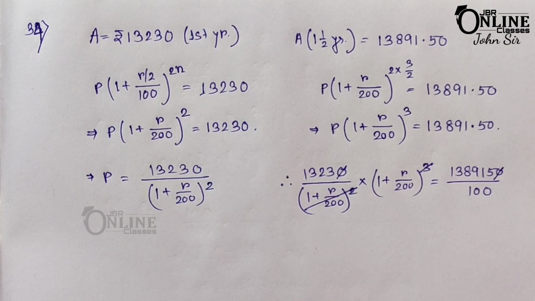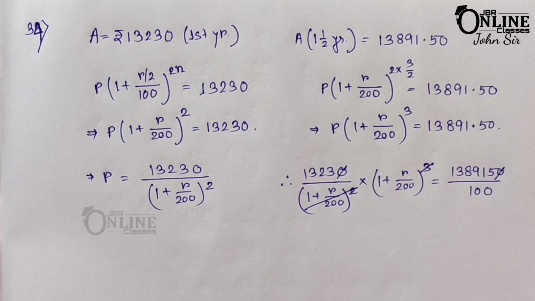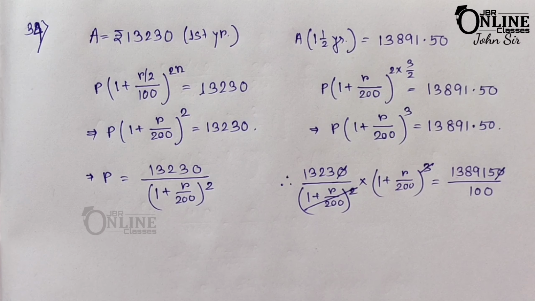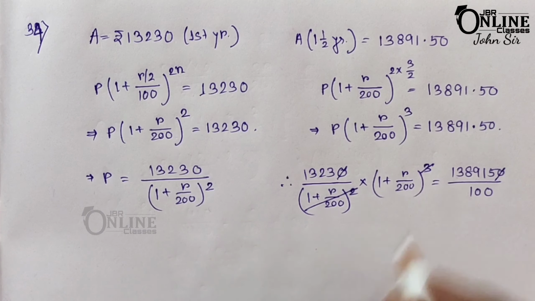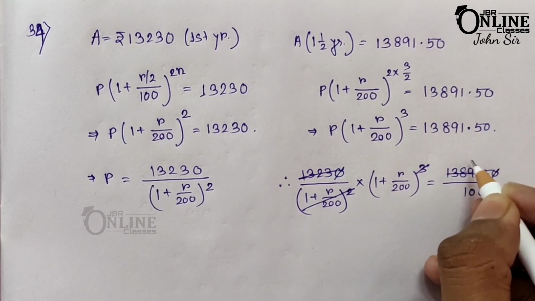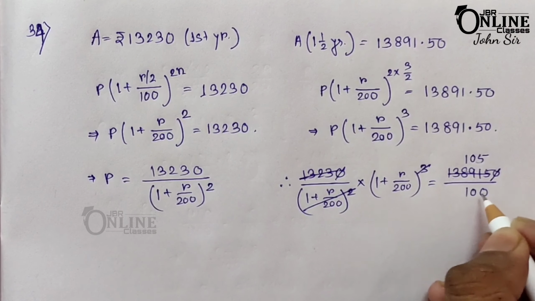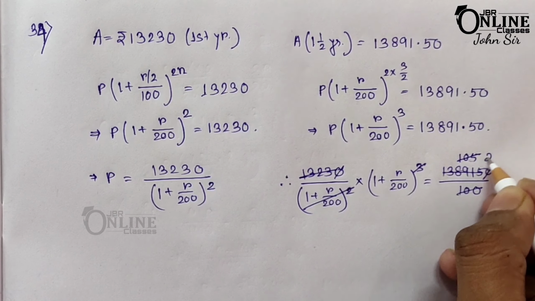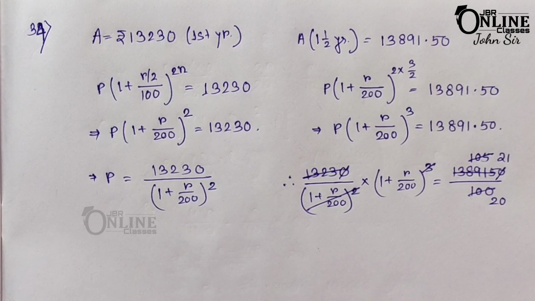So now you have 1323 and on the right-hand side you have 13891.5. Okay, 138915 divided by 1323, so it becomes 105. Now if this is cancelled out, it's 21 and here 20.